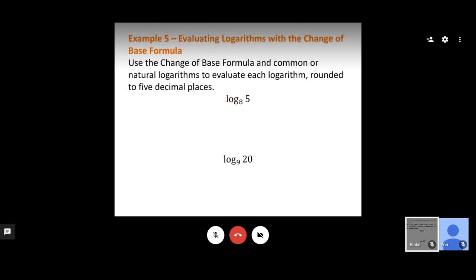If I want to use change of base here for base 8 log of 5, and I want to use either common logs or natural logs, it doesn't matter, just something that I know I can put in the calculator, how could I rewrite that first one?